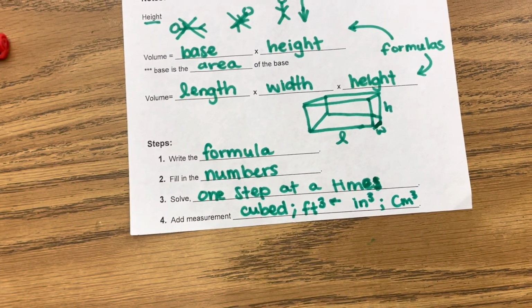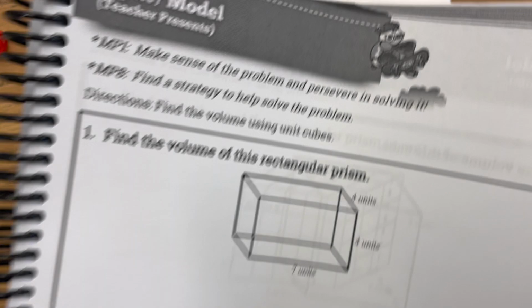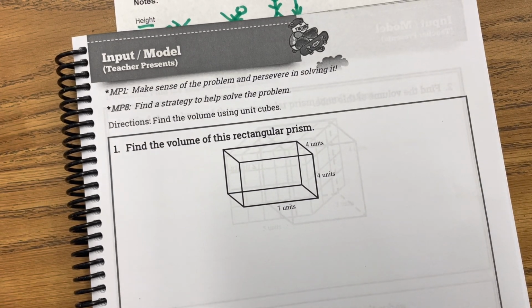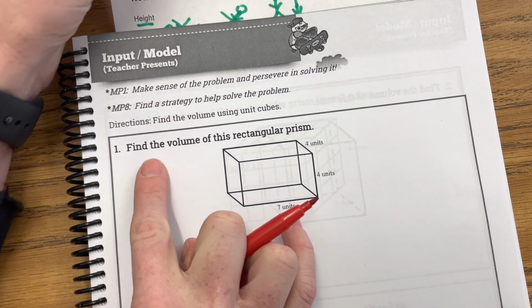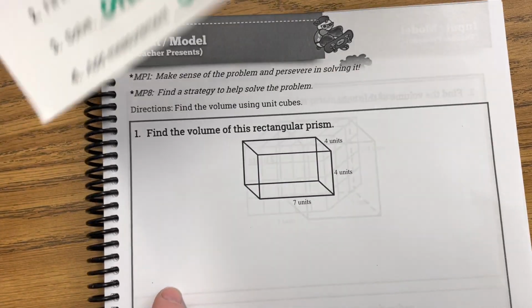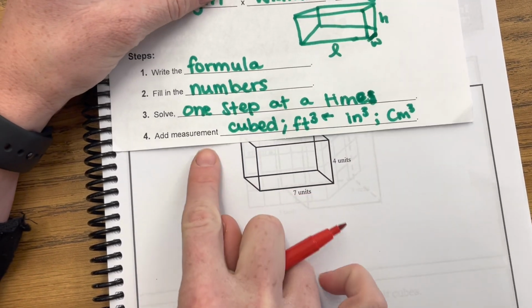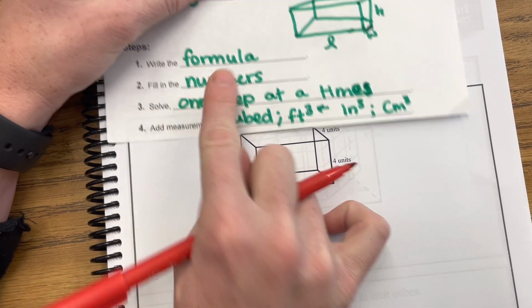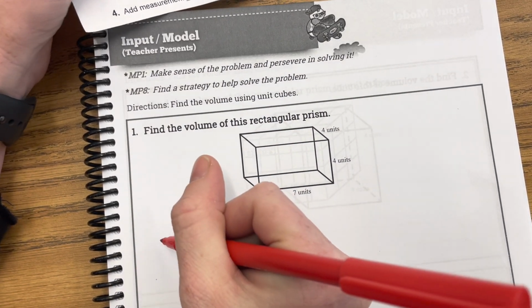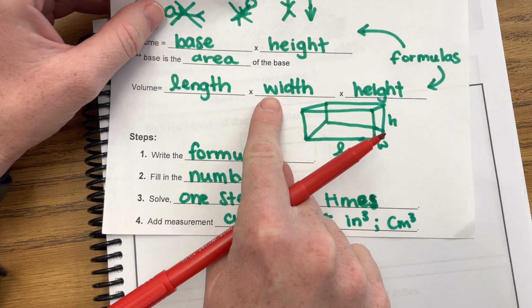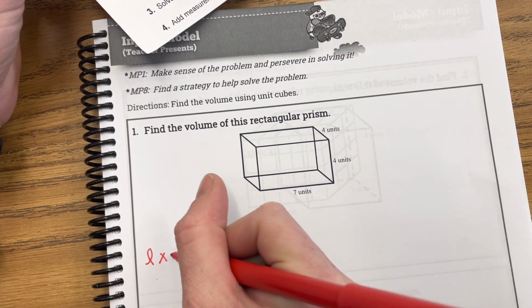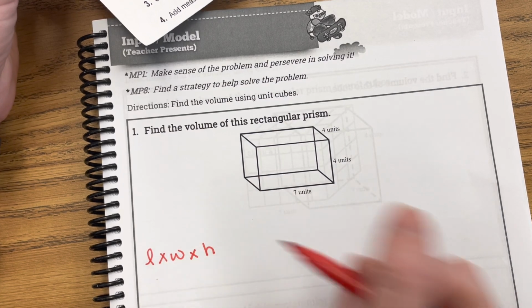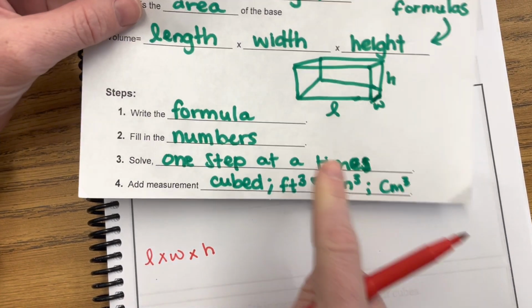Okay, I'm getting out a red pen. We're going to solve it. This question says, find the volume of this rectangular prism. I'm looking here and it says, write the formula. So I'm going to use the formula, length times width times height. I'm going to look at my little picture.